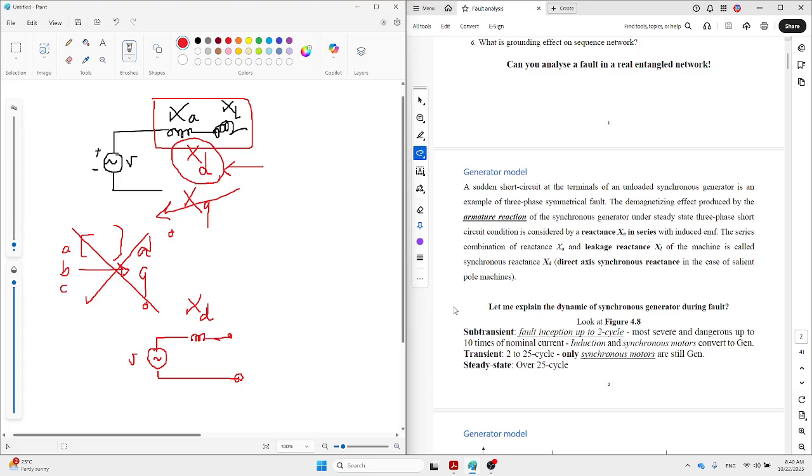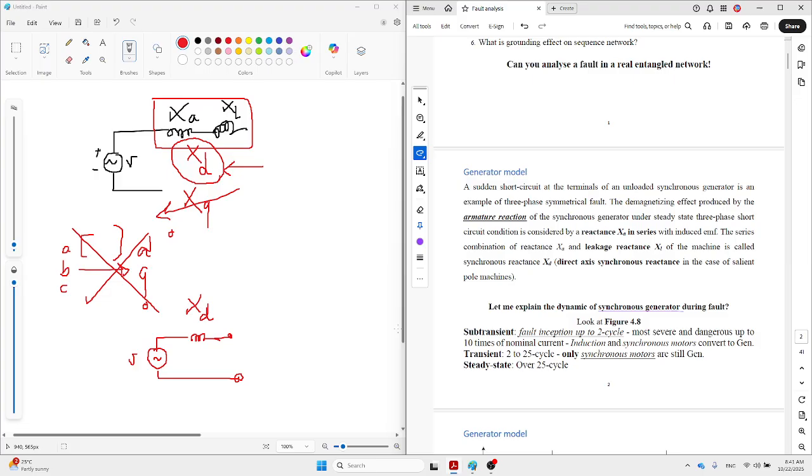One generator is the synchronous generator, which mostly you can find in the power plants, meaning hydropower and coal. In my view, all the big power plants use the synchronous machine or synchronous generator.